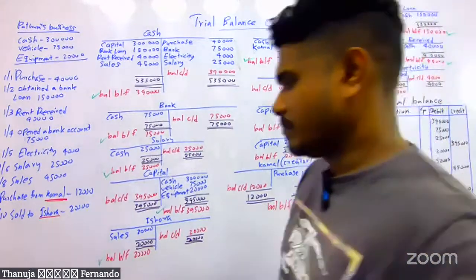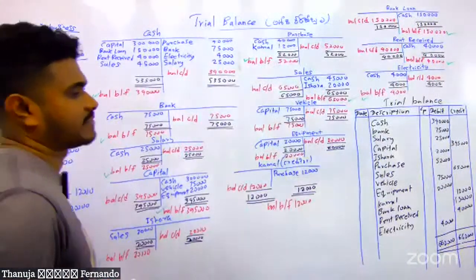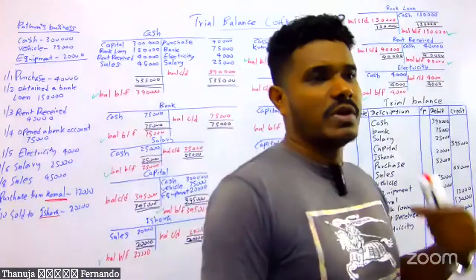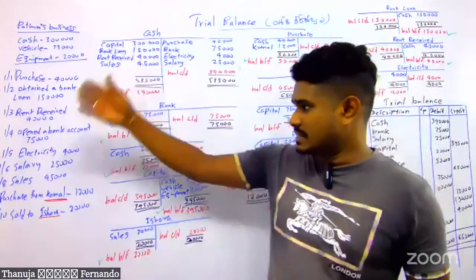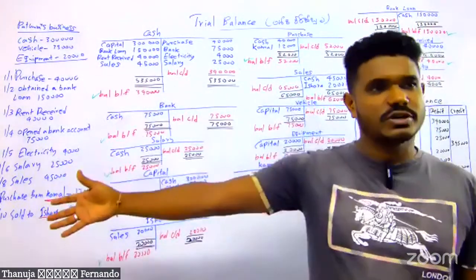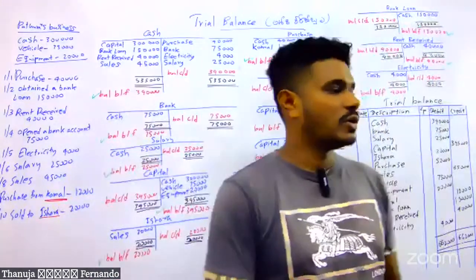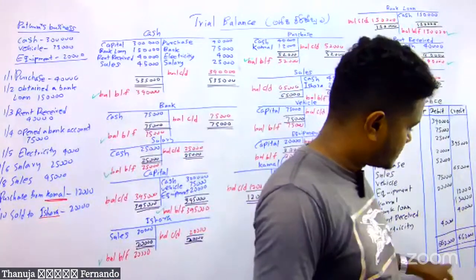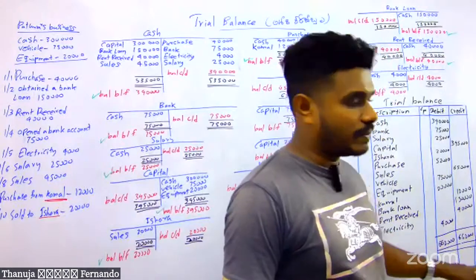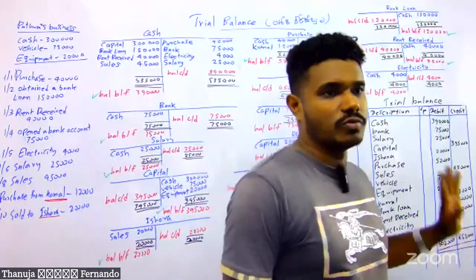So this is the special thing of a trial balance, right? If you have recorded the transactions correctly, then your trial balance will be the same. Both sides of your trial balance will be the same amount, right?